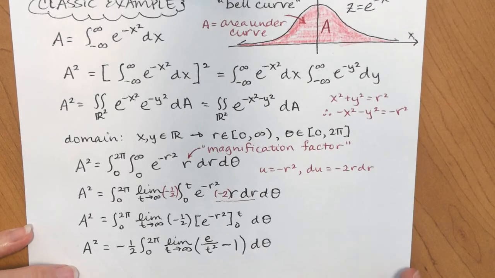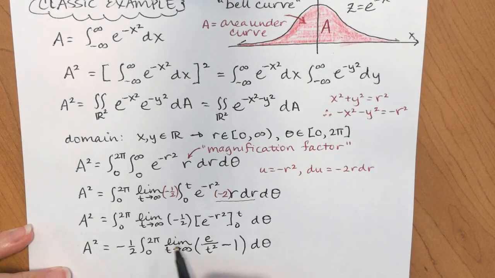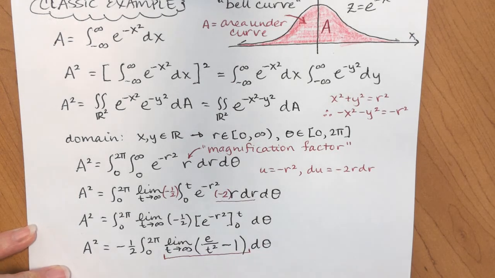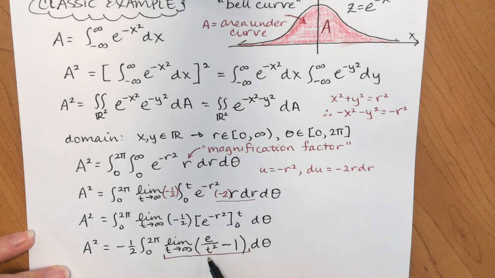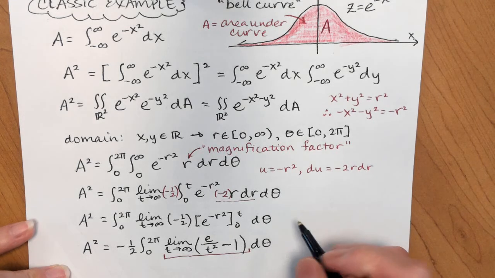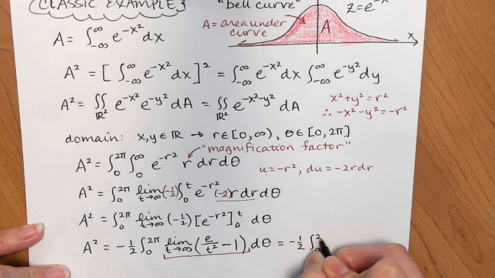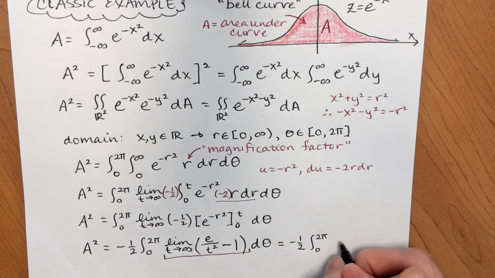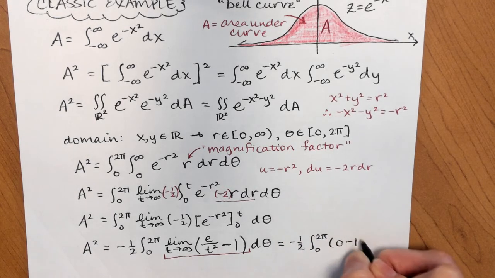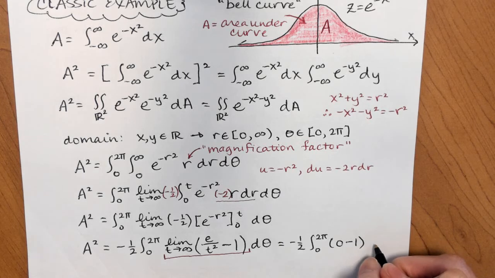Well, what is this going to be? When I evaluate this limit, as t approaches infinity, e to the negative infinity is going to be 0, minus 1. So I'm going to have negative 1/2, the integral from 0 to 2 pi of 0 minus 1 d theta.